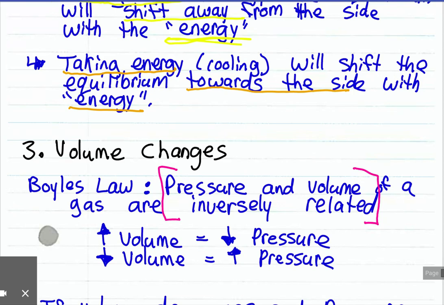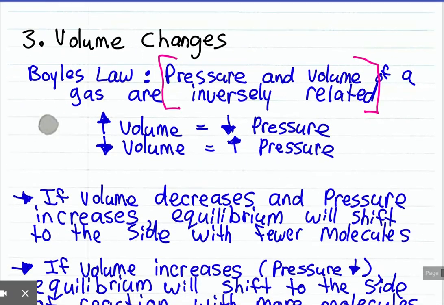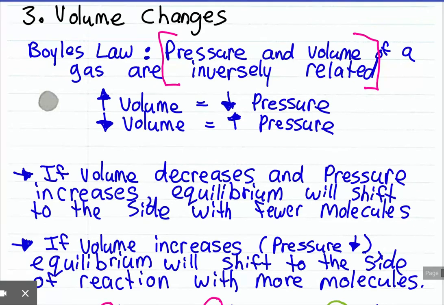Okay, so back to Boyle's Law. Pressure and volume are inversely related. This is important. If you are working with a system at equilibrium, and volume decreases and pressure increases, equilibrium shifts to the side with fewer molecules.